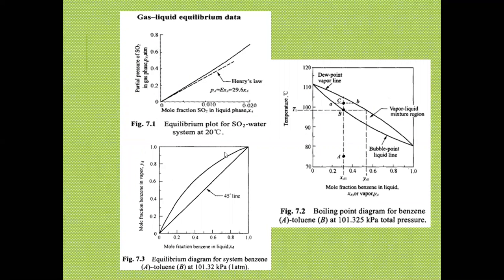Actually, it's curved. If you're given a particular value of XA and you want the corresponding value of YA, all you have to do is go up and then read. That would be the corresponding YA for a value of XA.